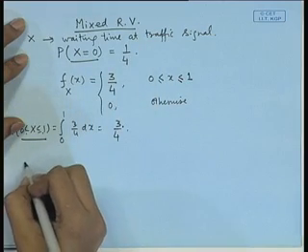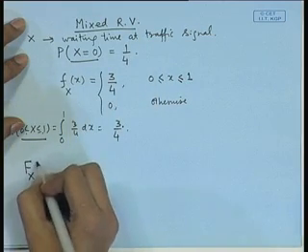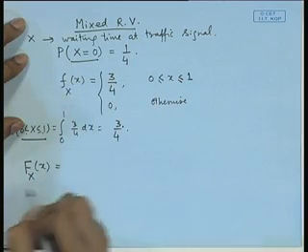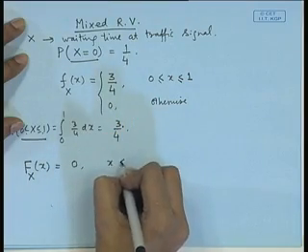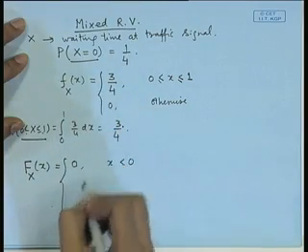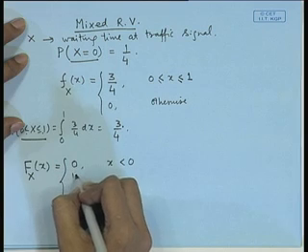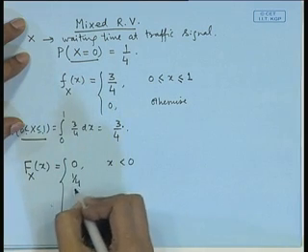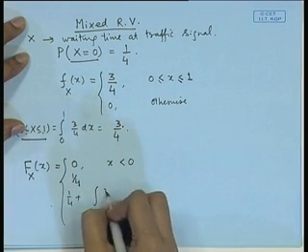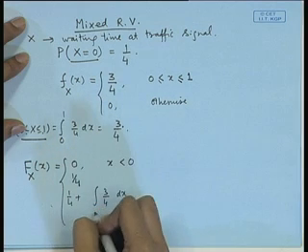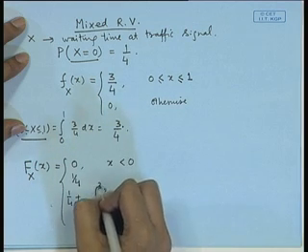We can also look at the CDF of this particular random variable. Before x equal to 0 it is 0, at x equal to 0 it is becoming 1 by 4, and thereafter it is becoming 1 by 4 plus integral 3 by 4 dx from 0 to x.